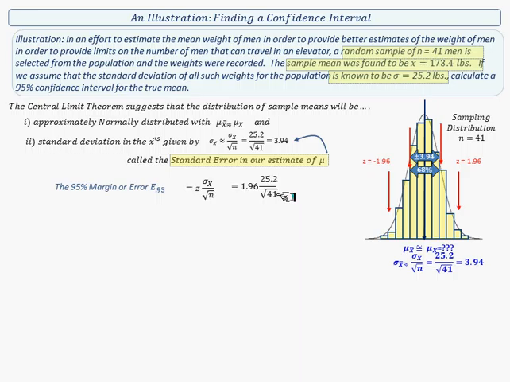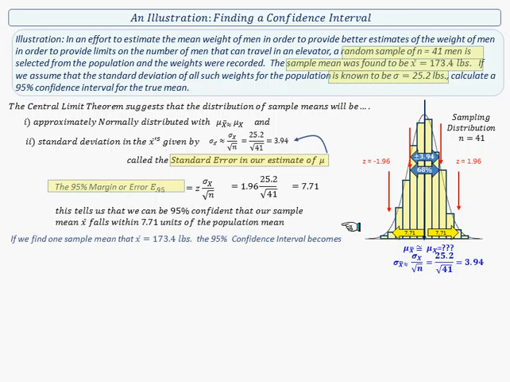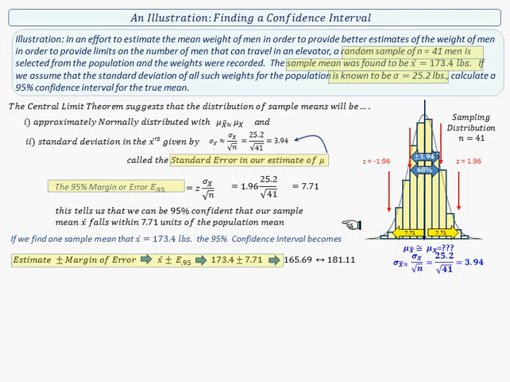Now we're going to look at a margin of error, which is your z-score, 1.96 times your standard error, 7.71. So we're 95% certain that we're within 7.71 units of the population mean. Now if we find that x bar is 173.4 pounds, we simply take that estimate and add and subtract your margin of error, and we come up with this interval, which is your confidence interval.